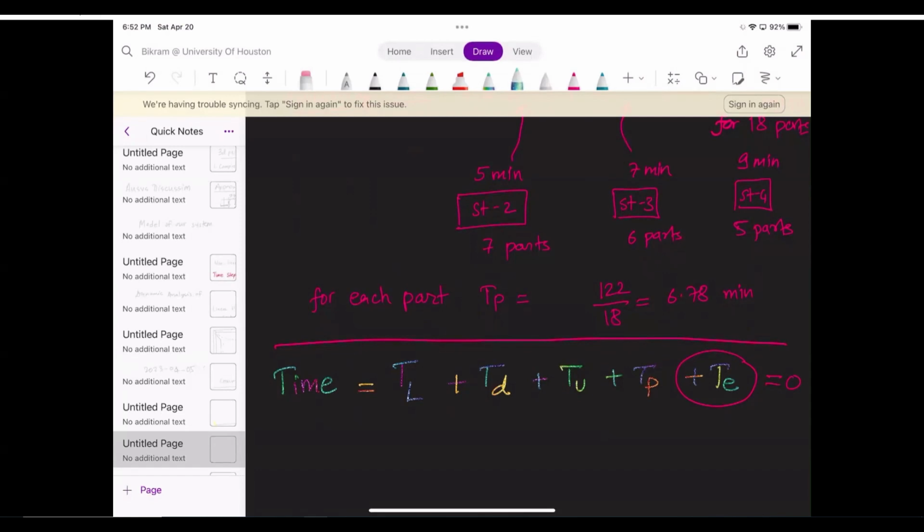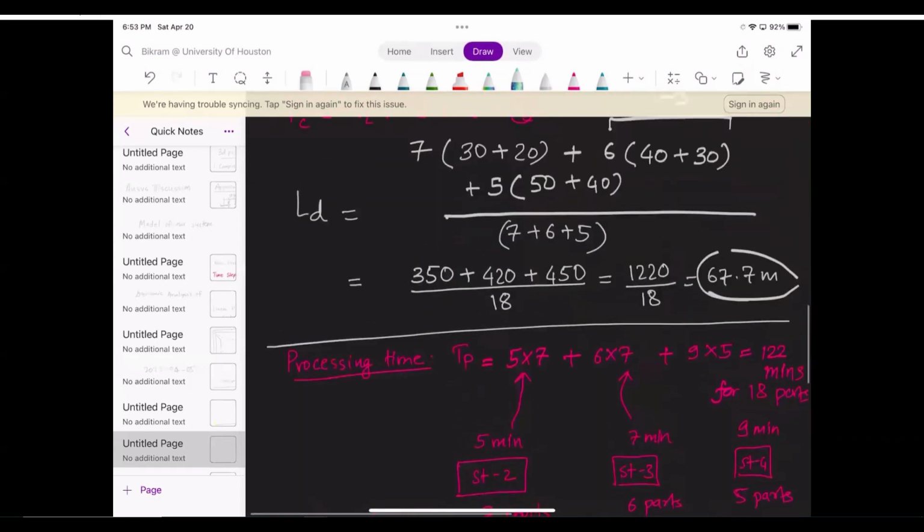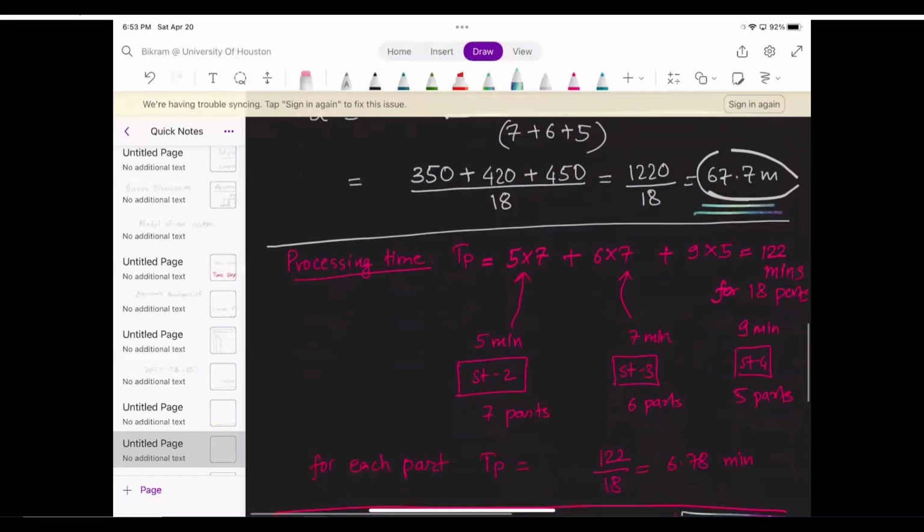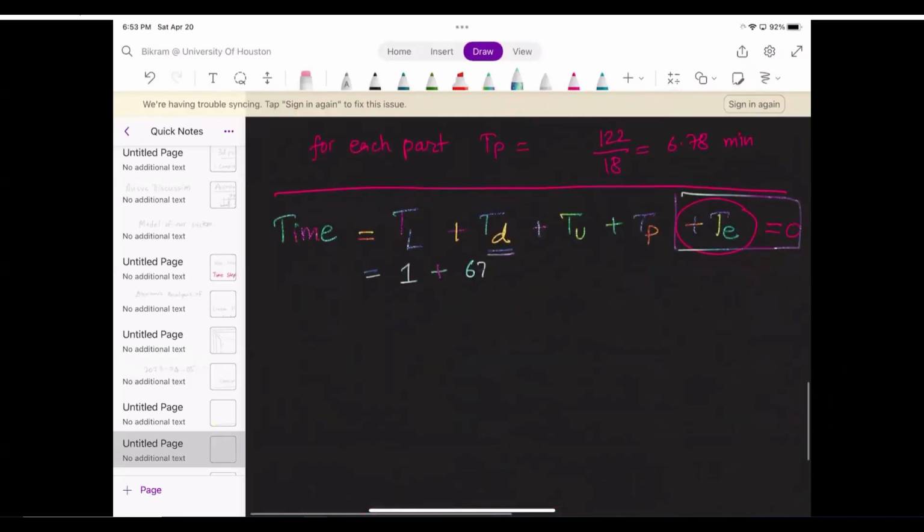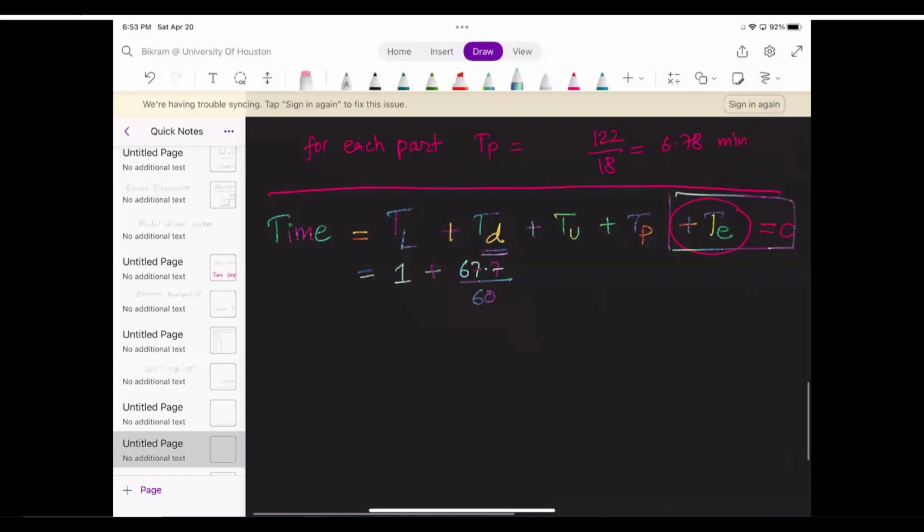The loading time is 1 minute. The delivery time is the distance divided by speed. So for each part we travel 67.7 at 60 meters per minute. This is the speed, and TU is unloading. This is also 1, and the processing time is 6.78.